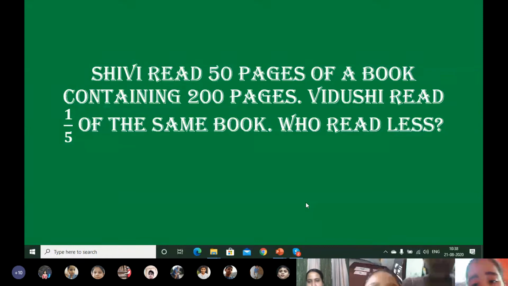Just read the question properly. Have you understood the question? Yes, ma'am. Now, can we compare a number with a fraction? Because you can see Shivi read 50 pages and Vidushi read 1 by 5. Can we compare these two numbers?